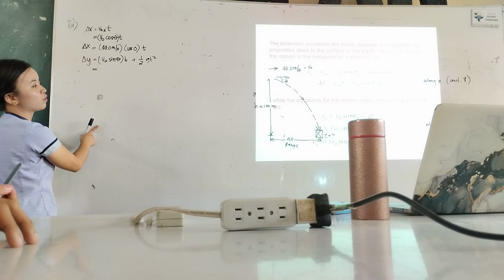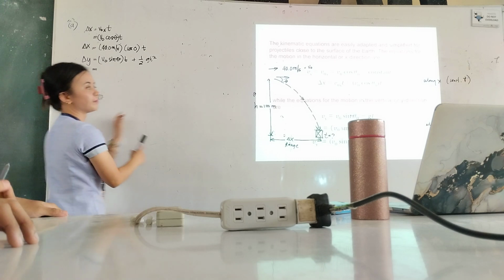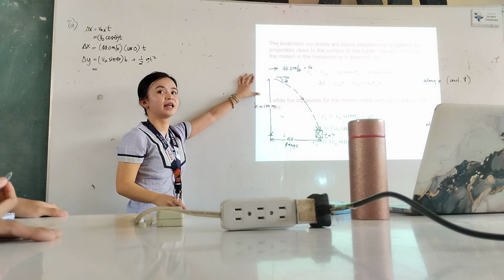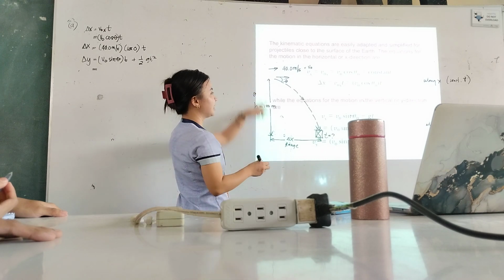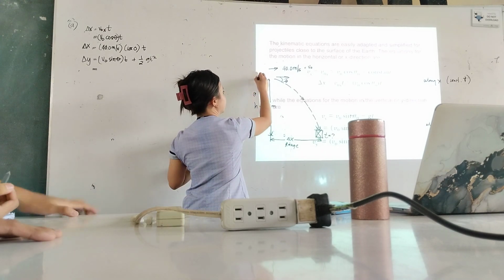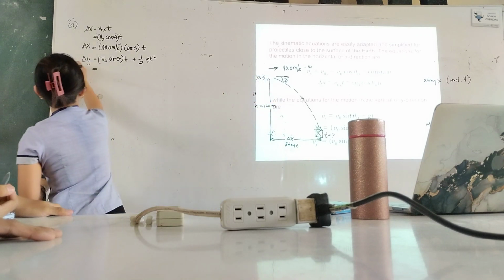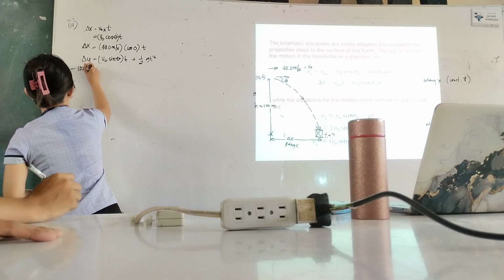You have delta y equal to negative 100 meters.